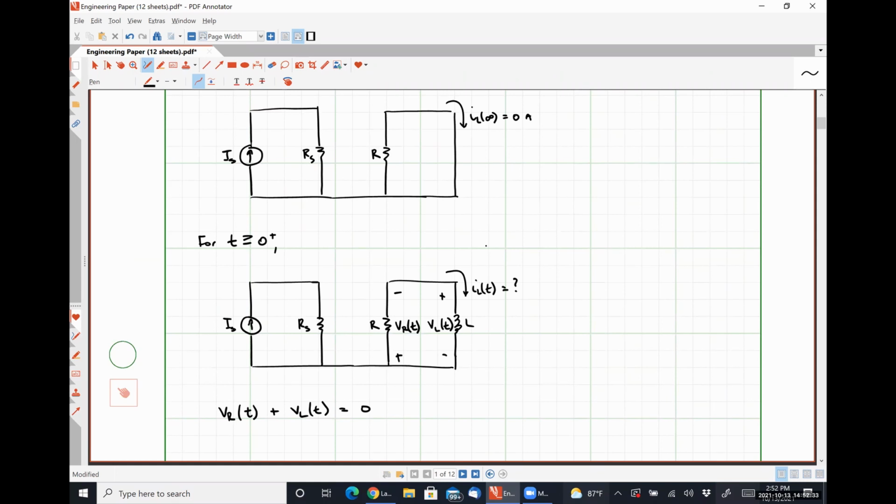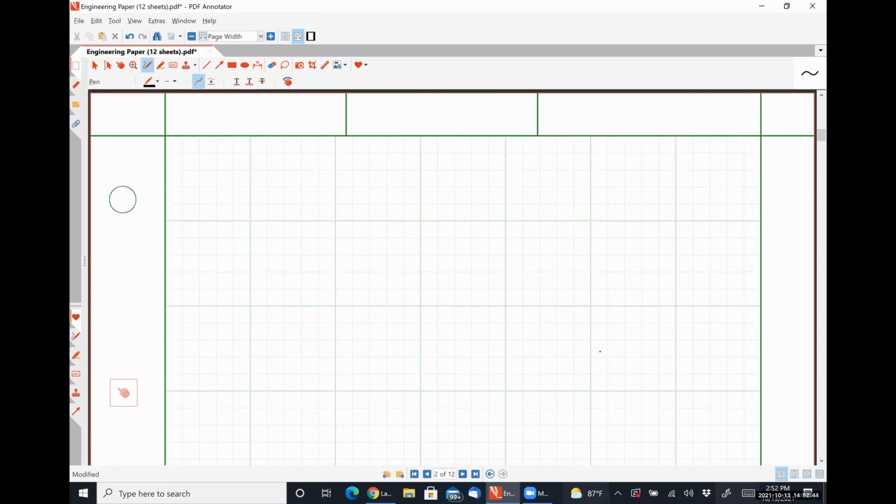So for instance, the voltage drop over the resistor is just going to be the resistor value times that current IL, because the current is flowing into the positive polarity terminal of the resistor. So I can say that VR is simply R times IL of t.